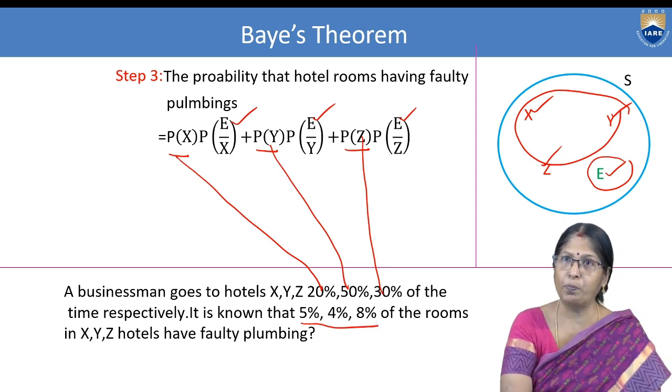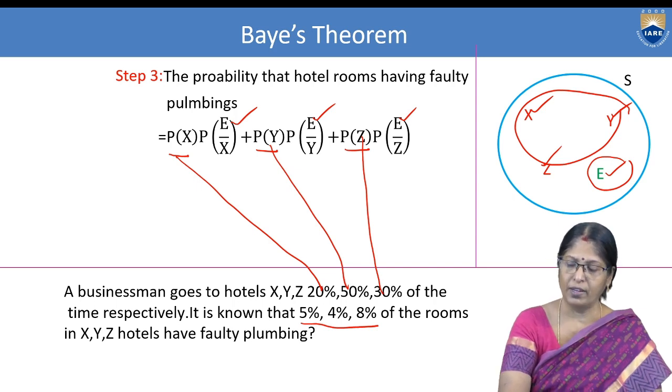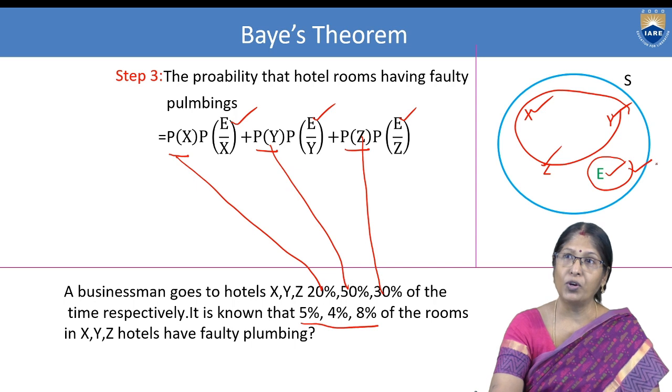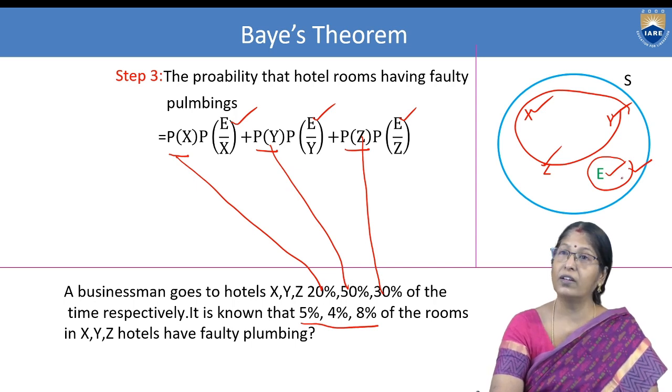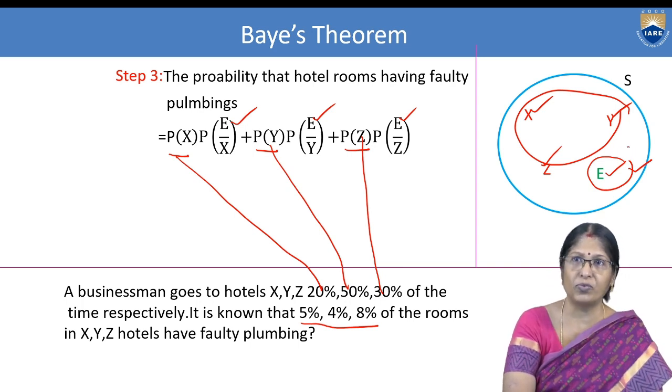Both we will multiply and we will add. It's nothing but the probability of the event which is intersecting with our main events. That is only step 3.